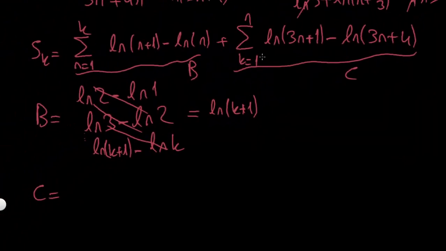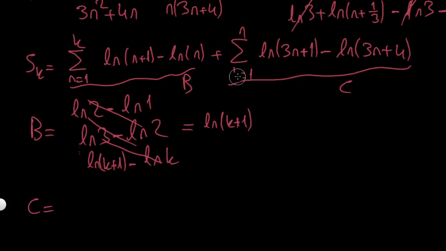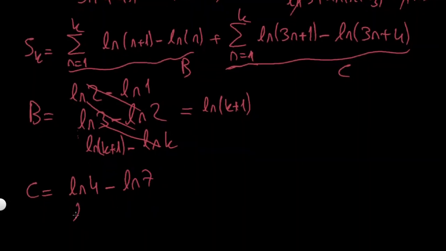Sorry, this is again the wrong order. So this is n from 1 to k. When I put n equal to 1, this is going to be ln 4 minus ln 7. If I put n equal to 2, it's going to be plus ln 7 minus ln 11.